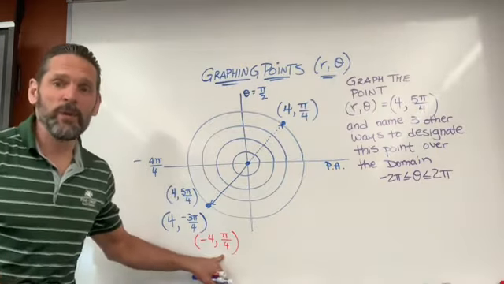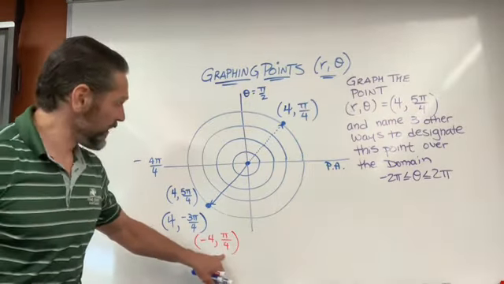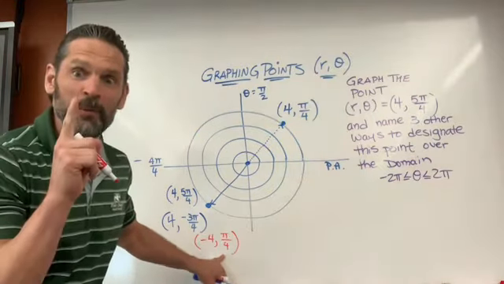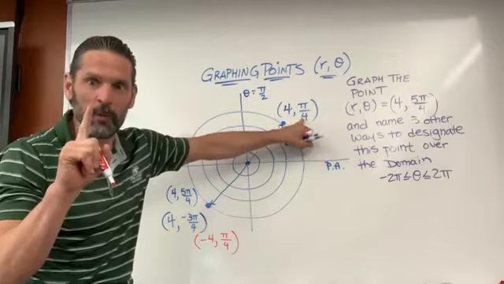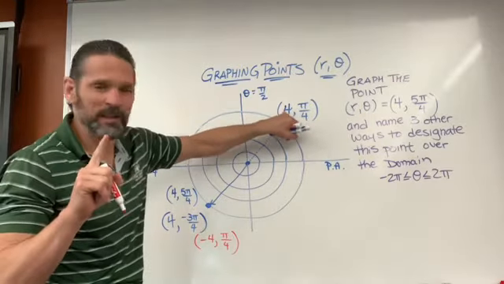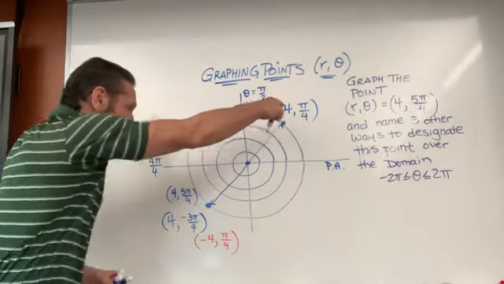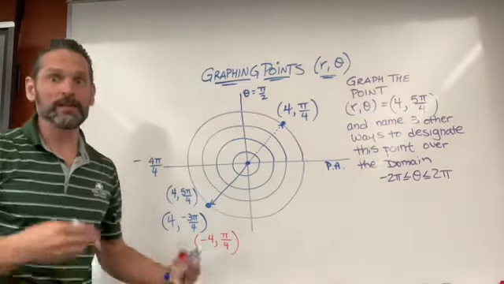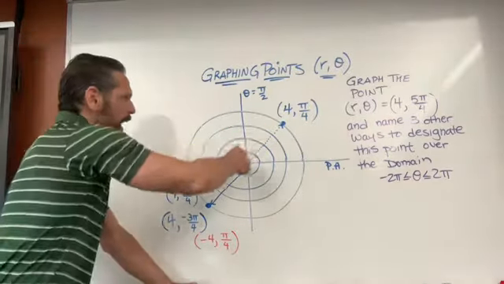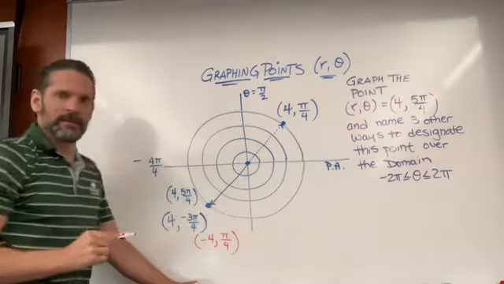Every cell in your body is probably screaming that negative 4, pi over 4 should be in quadrant 1. No, positive 4, pi over 4 is in quadrant 1. When we take the opposite of the directed distance, we're essentially flipping it over the pole, or adding 180 degrees or pi radians to our angle here.